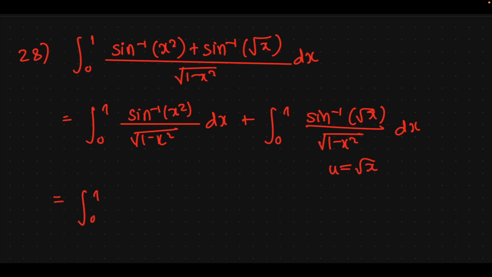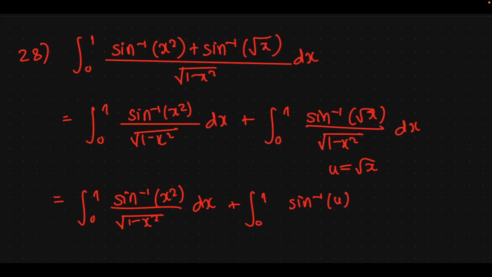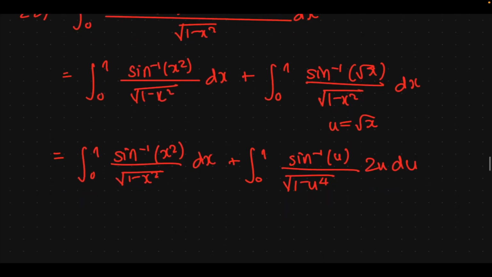So I'm just going to write the first one because we're going to need that later. When I use that substitution, I get sine inverse u over square root 1 minus u to the 4th, 2u du.